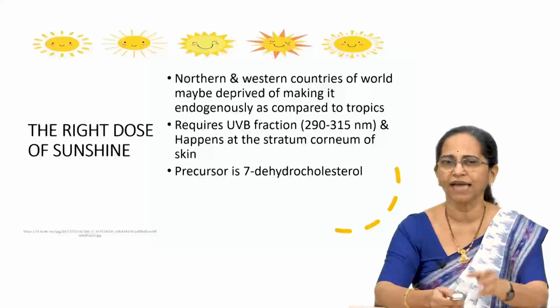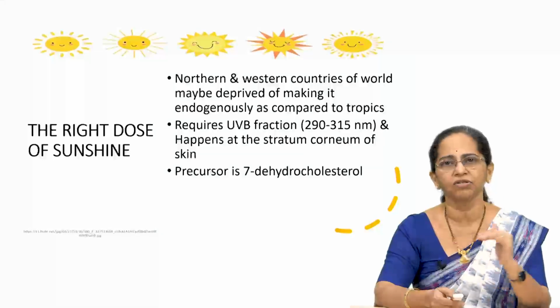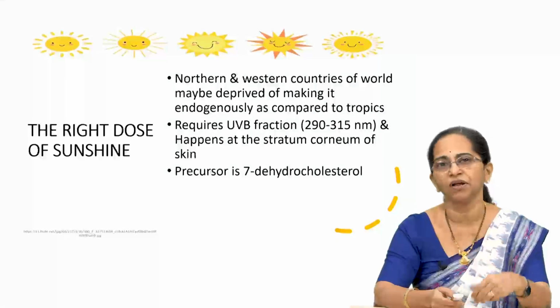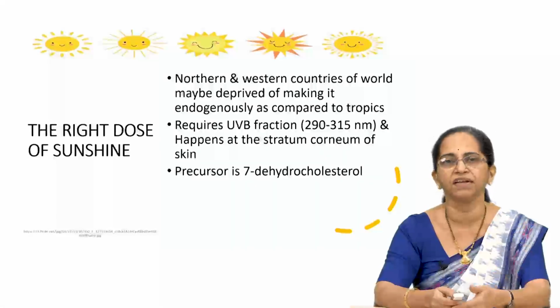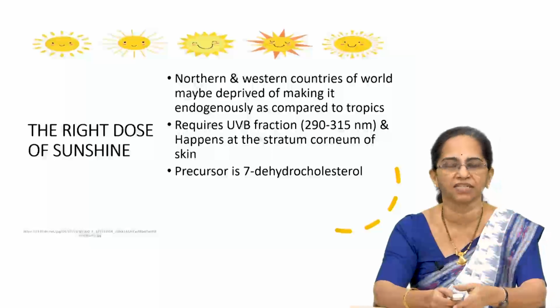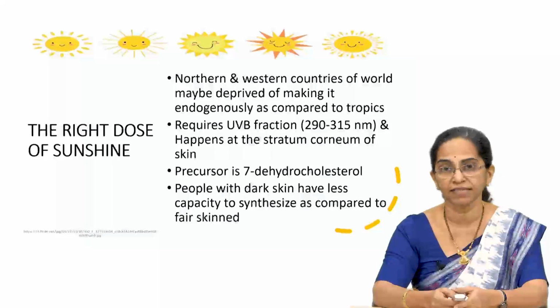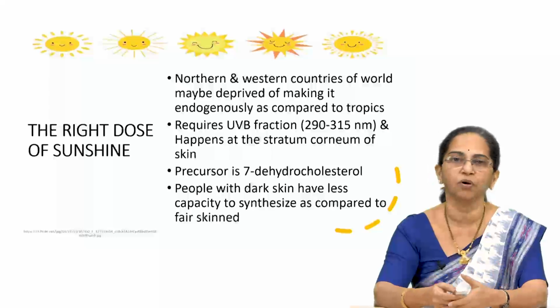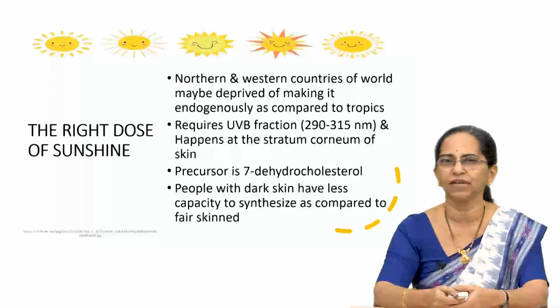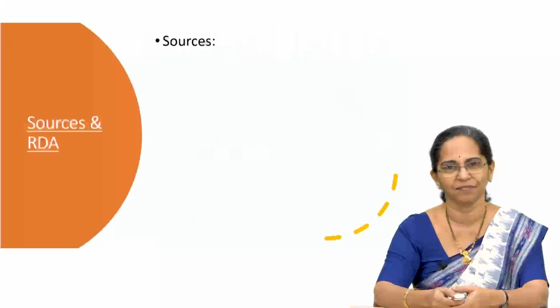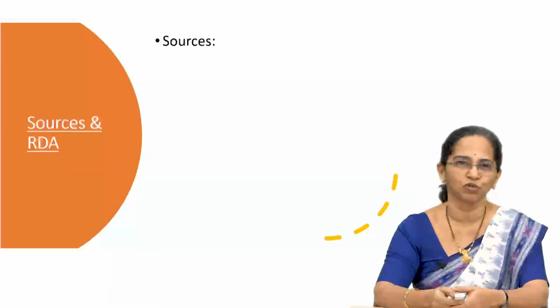It's actually an intermediate in the cholesterol biosynthesis pathway. From this 7-dehydrocholesterol, we build up the vitamin D first by exposing ourselves to the sunlight. Of course, people with dark skin will have a higher amount of melanin which can actually interfere with the vitamin D synthesis.